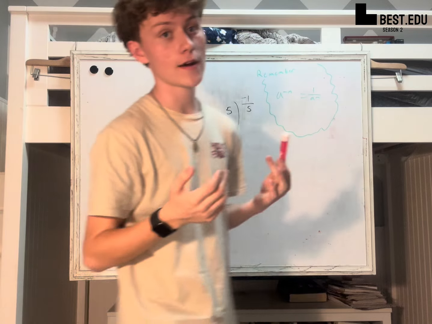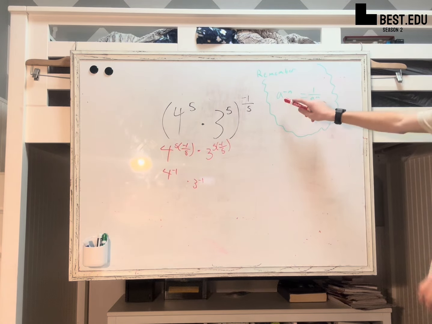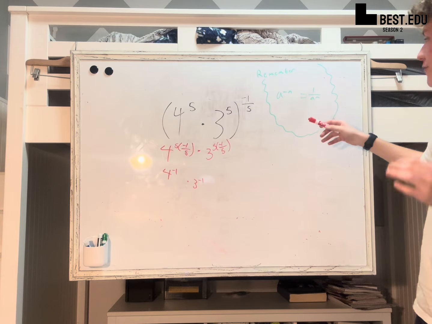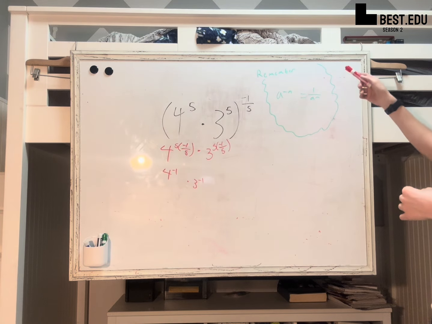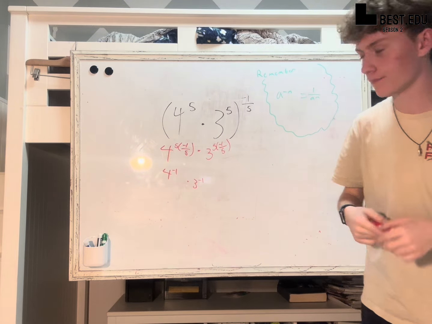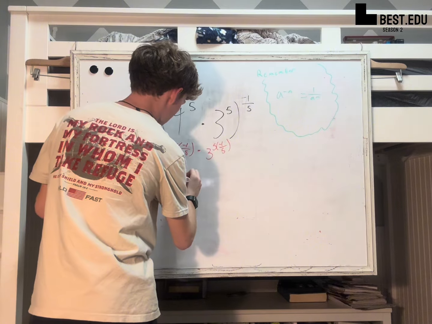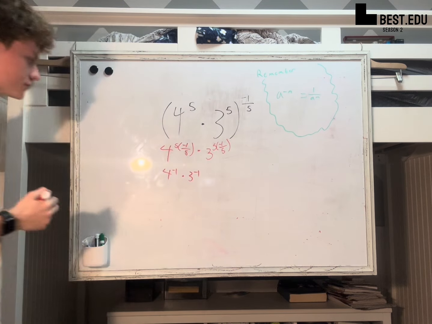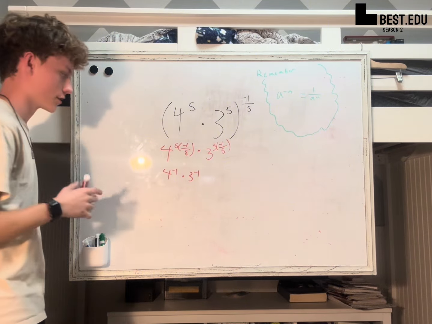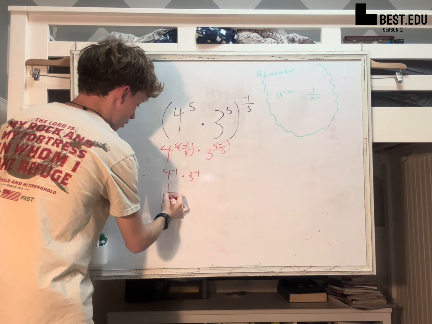Now, if we know anything about the rules we discussed at the beginning of 5.2, we know that a to the power of negative m equals 1 over a to the power of positive m, right? So we're going to be able to move these. Hold on, I wrote that really wonky. There we go. So this will become 1 over 4.